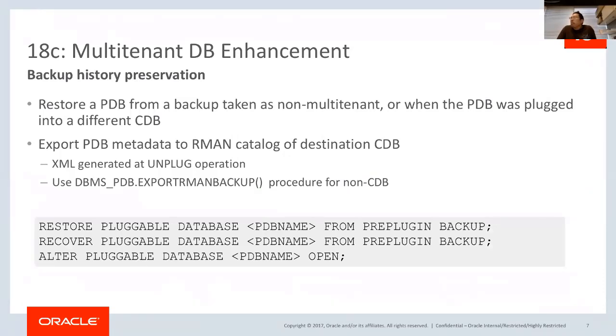Or there is a procedure that can be used to generate this data if the database was not a multitenant database. The new command is what you see in the example here: restore pluggable database PDB name from preplugin backup. That's the new feature, and obviously you can recover and then open it.